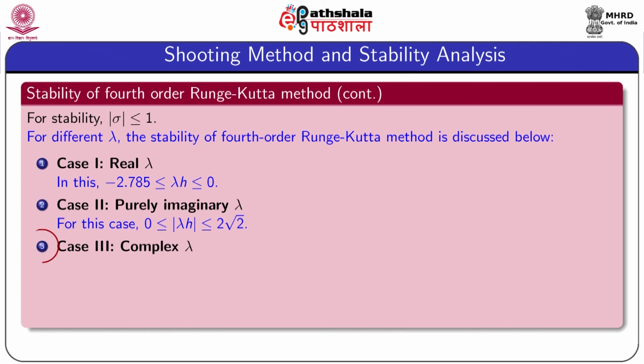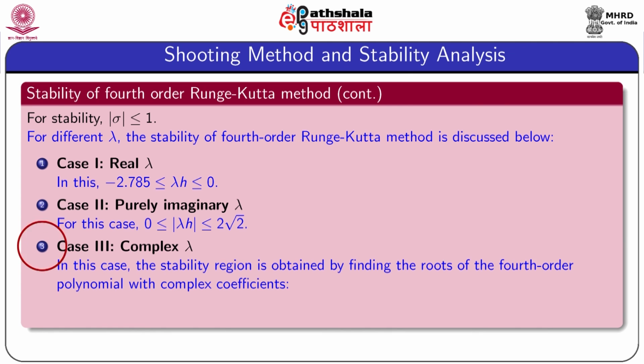In case of complex lambda, the stability region is obtained by finding the roots of the fourth order polynomial with complex coefficients. So this is the fourth order polynomial, and the right hand side is taken as e to the power i theta, where theta is a real number, and note that lambda h is a complex number, so it is a complex polynomial of degree 4.